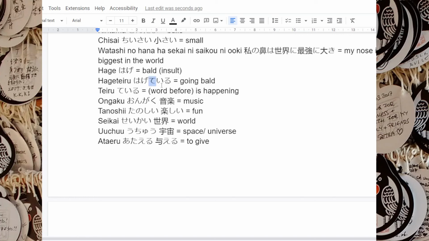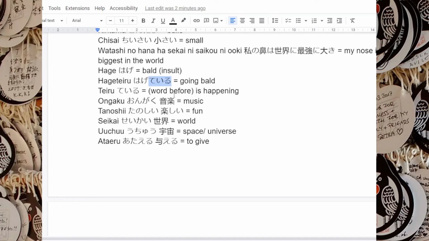So you'll also notice that I added this teiru. So that is happening, basically. If you put a word, say, taberu, that means to eat, so tabe, and put teiru afterwards, tabeteru means you are eating. Nice little fact there.